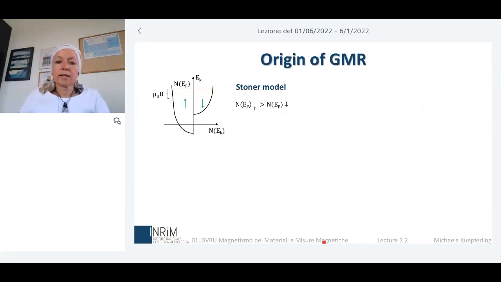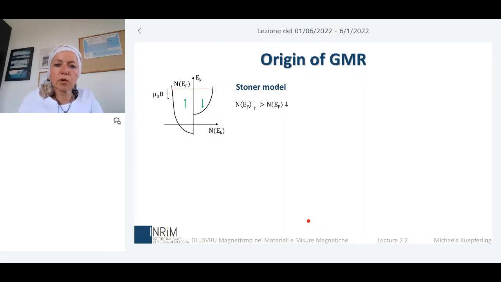Of course, the origin of this GMR you can find and you can describe in the sd model, for example, as Vittorio showed you. And the theory can be rather complex, but I think it's still nice to remember that we have already an ingredient from the lectures that we did in order to understand the GMR.